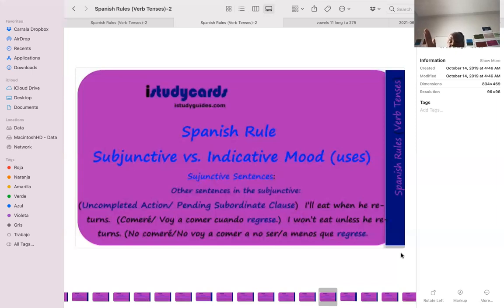But that ED tells me that it's past. Why? Because it's visible. The actual structure changes, right? But if the structure doesn't change, then you have to really understand the sentence to know that it's not in this mood or this tense, but in a different mood, in a different tense.